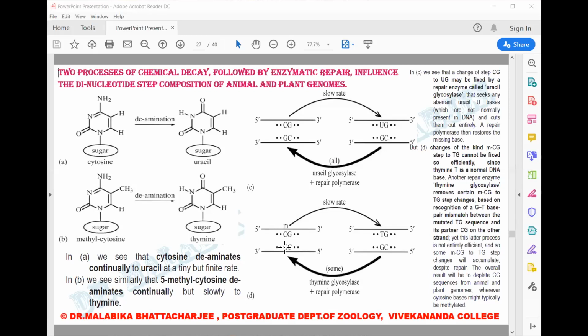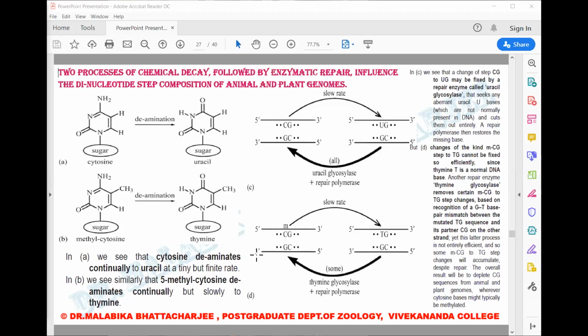With the passage of time, the T persists, and the C to T transition is passed on to the next generation. So when a methyl cytosine deamination event occurs, ultimately a C to T transition occurs, as a result of which the original CG gets converted to TA. This accumulates with time.